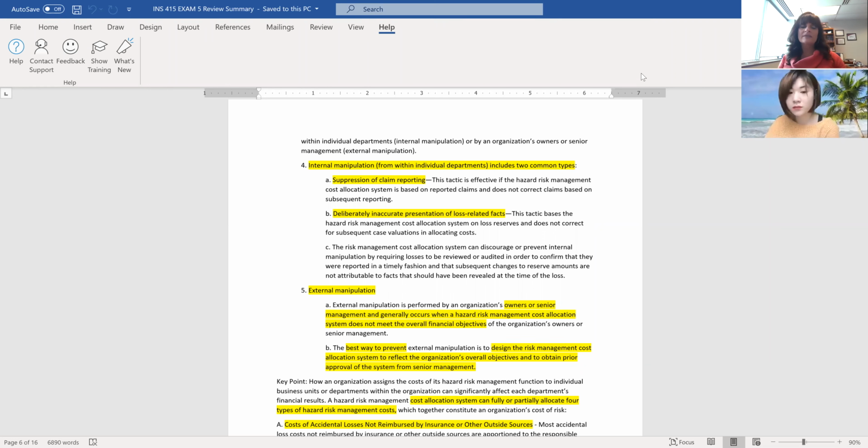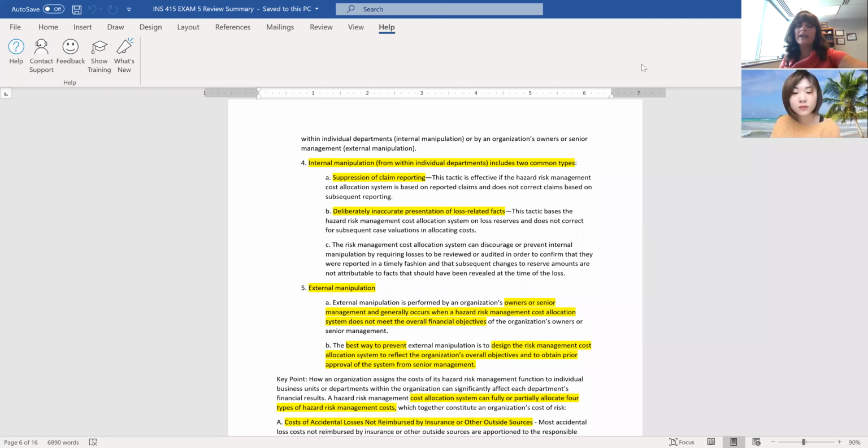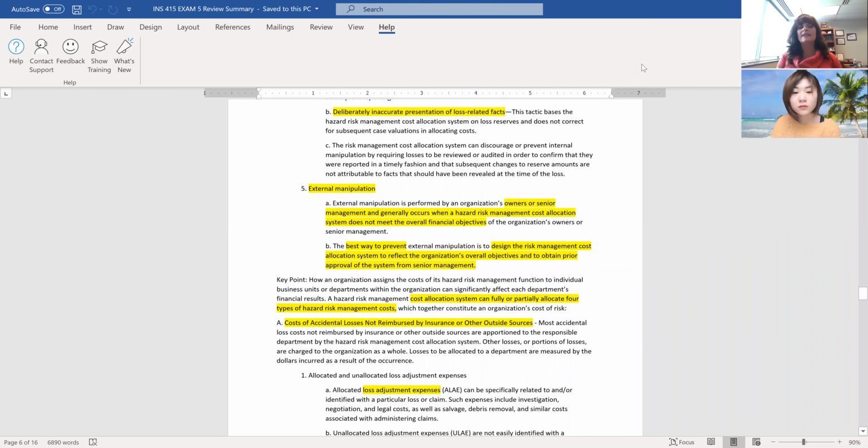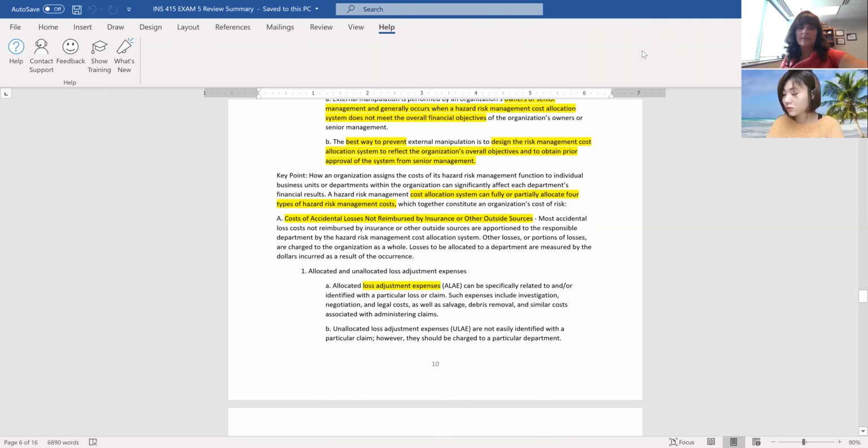And then sometimes they inaccurately present loss facts, so they might hide some of those expenses. That's an internal manipulation. Externally, sometimes costs are manipulated by owners or senior management because they want the financial outcome to look better than it is. So there is some manipulation potential there. So you want to design that to kind of eliminate that opportunity for manipulation, whatever processes you can put in place.